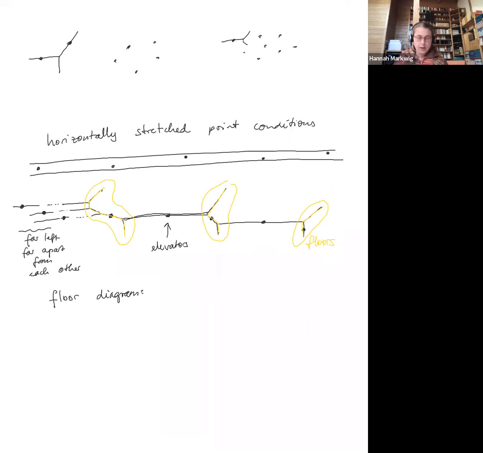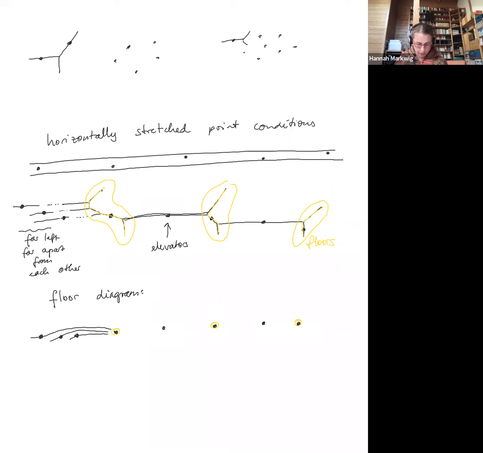We take a linearly ordered set of points, which are the projections of our point conditions. We want our points to have two colors, depending on whether they are elevator points or floor points. Let me draw the floor points in yellow right now. Then we just keep the elevator edges and sketch how they connect.